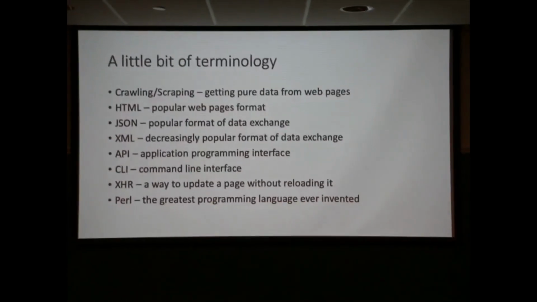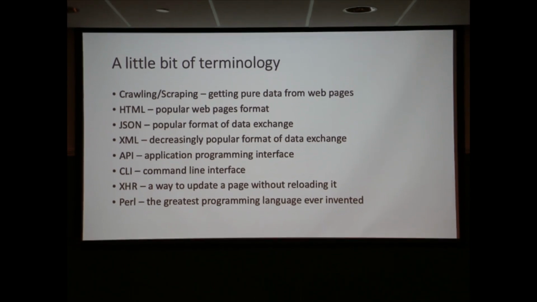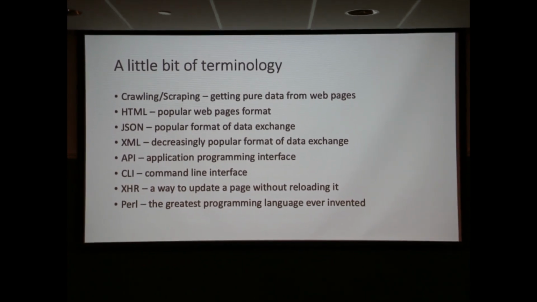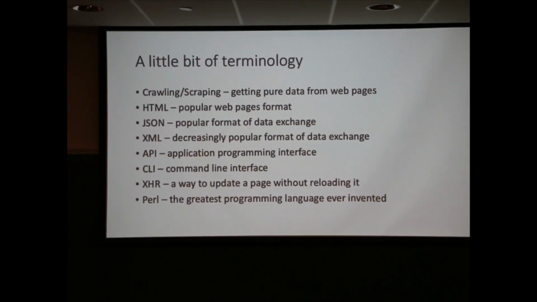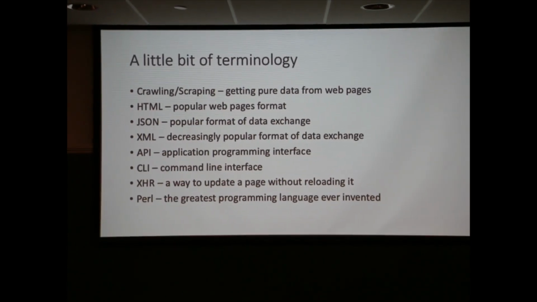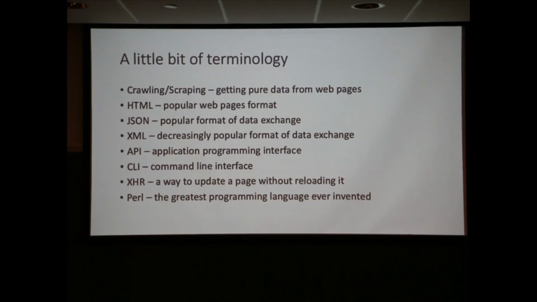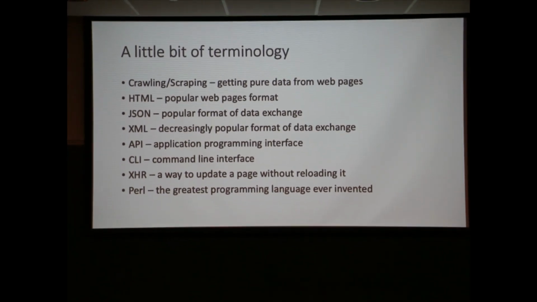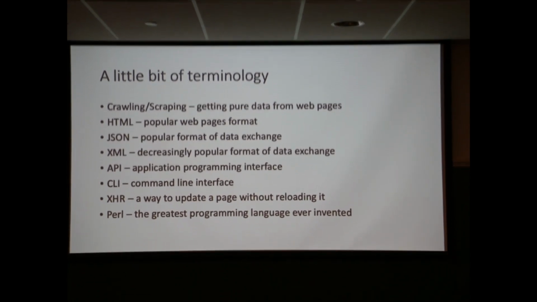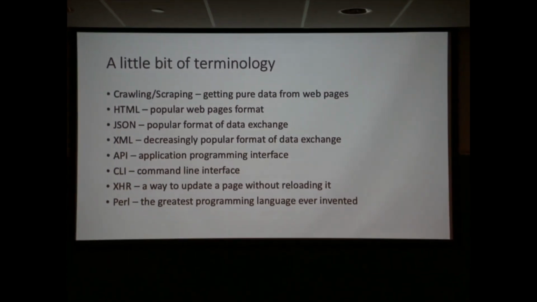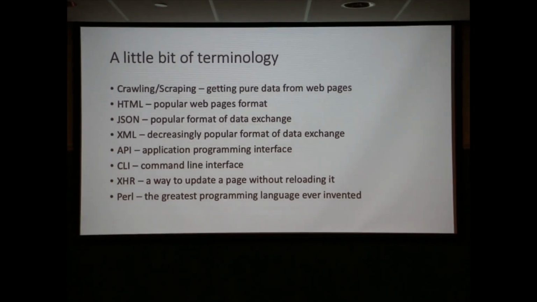JSON, JavaScript Object Notation, is a very popular format to exchange data between applications. XML, extensible markup language, is a decreasingly popular format to do that as well, but due to certain constraints and very heavy specifications, it's getting less and less popular.